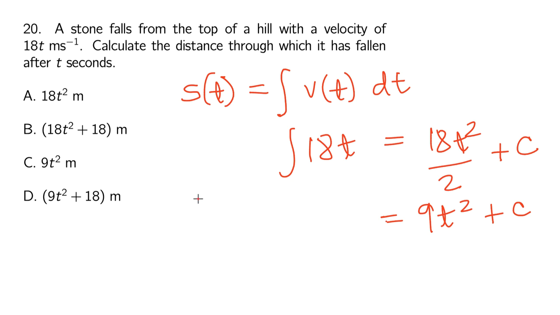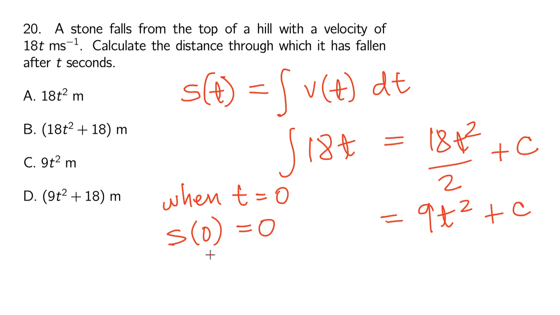So when t equals 0, the distance s of 0 is 0, because that's when the journey starts, and at the start of the journey we haven't covered any distance at all.